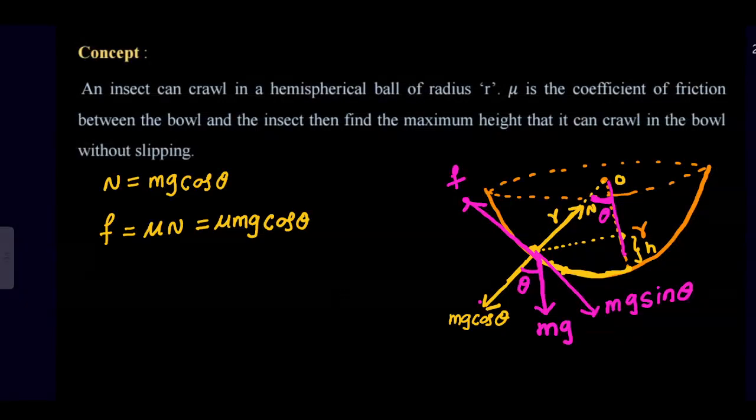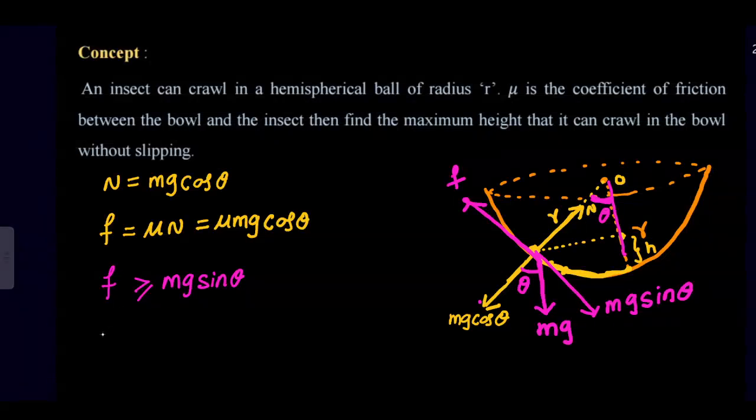Now the condition is that the insect should not fall down. That means the frictional force must be greater than the force that makes the body move down. Which force makes the insect move down? mg sin theta. That means the frictional force must be greater than mg sin theta.